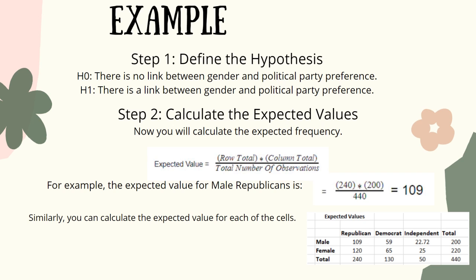For example, the expected value for male Republicans is 240 times 200 divided by 440, which is 109. Similarly, you can calculate the expected value for each of the cells. And you can see the cells: Republican, Democrat, Independent, total, male, female, and total. You can calculate it based on the table.